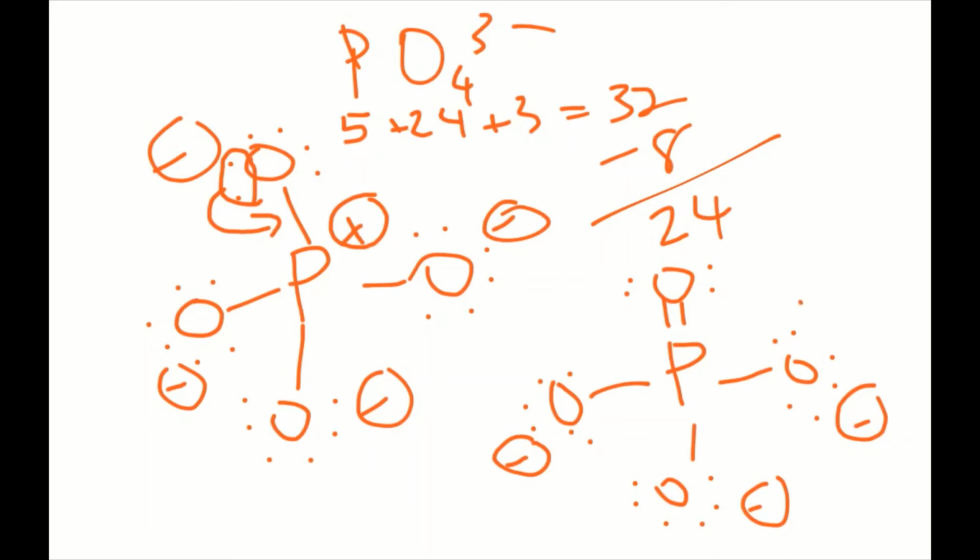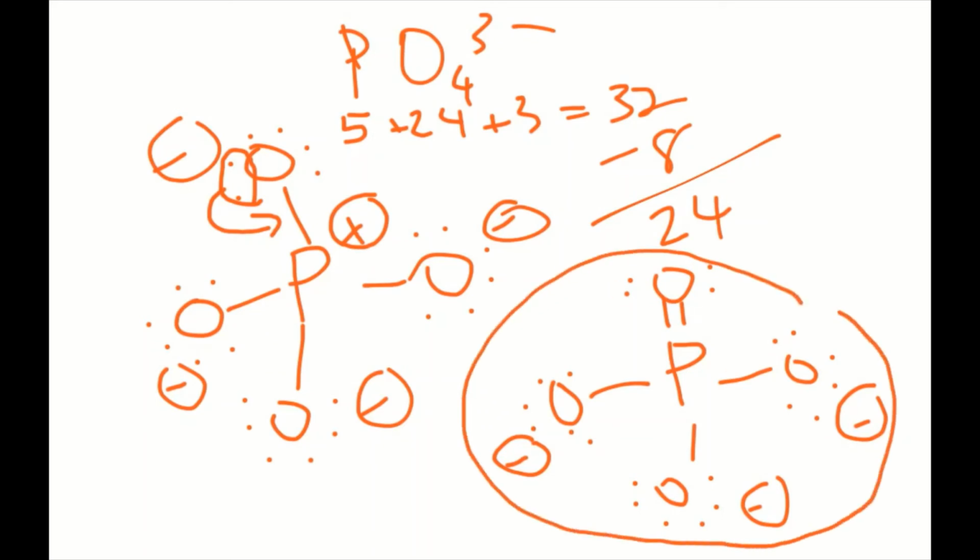So I would say that this is the better Lewis structure out of the two, and it would be more stable, despite phosphorus having too many valence electrons. But it's okay, since phosphorus is in period 3, and things in period 3 or higher can have an extended octet. So I'd say this is a real winner here.